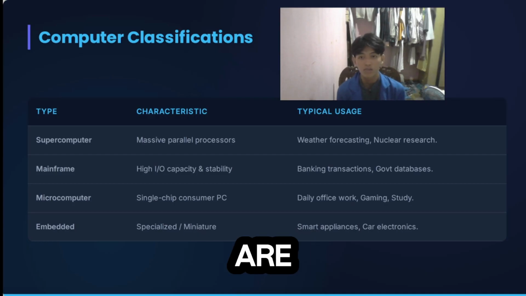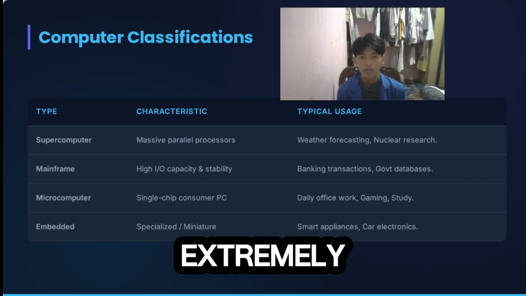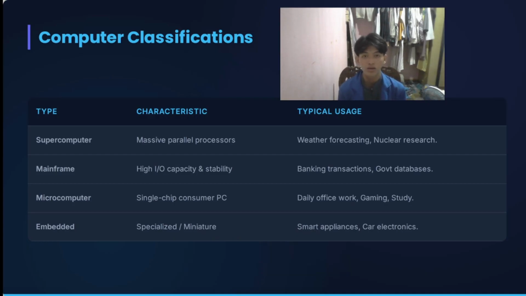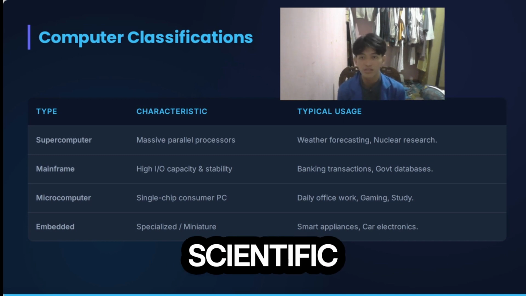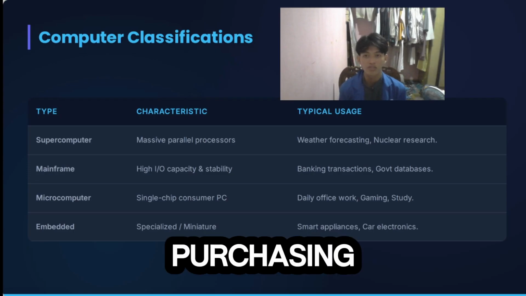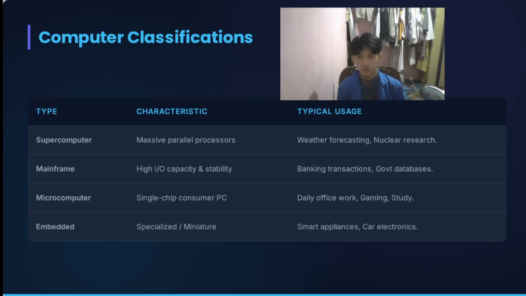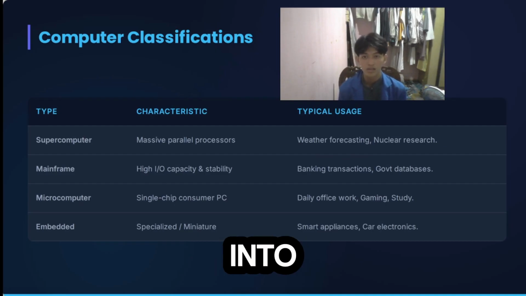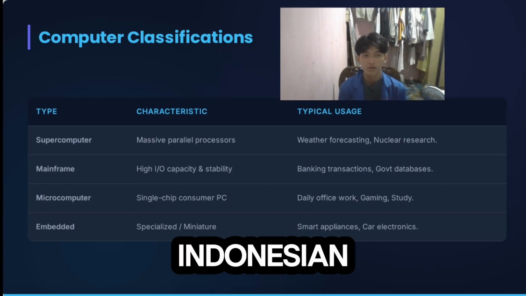These are massive and extremely fast processors used for complex scientific research like weather forecasting. Two, mainframes. These are large, highly stable computers used by banks or governments to handle high database transactions.